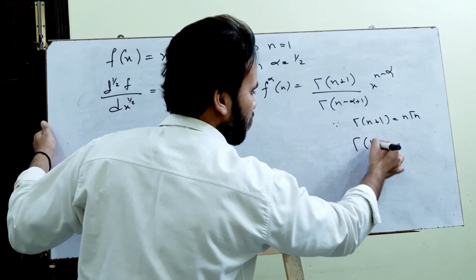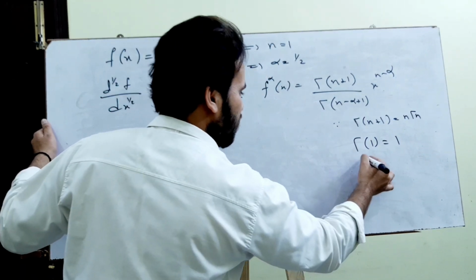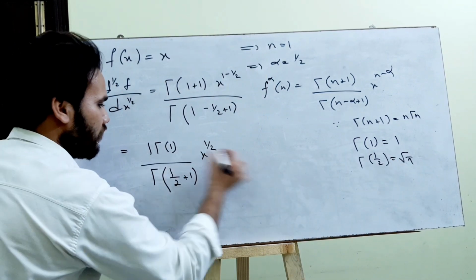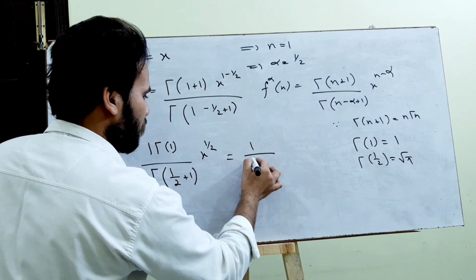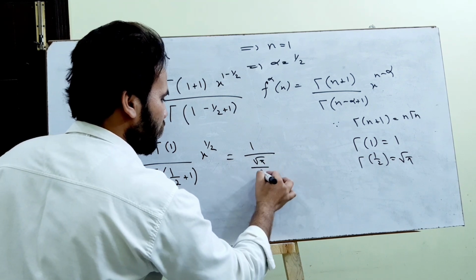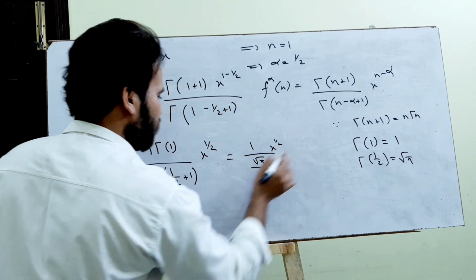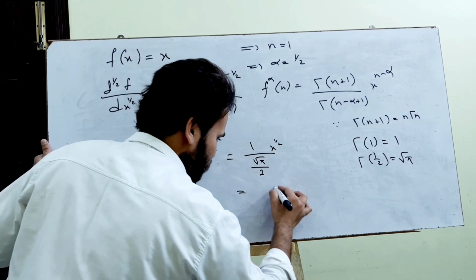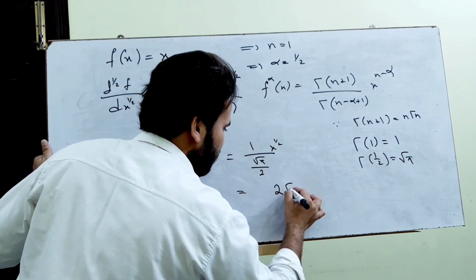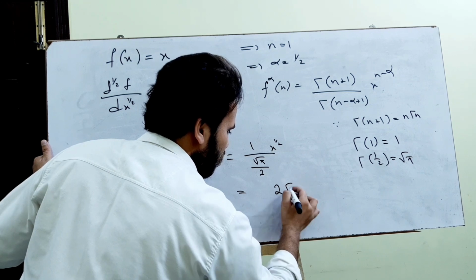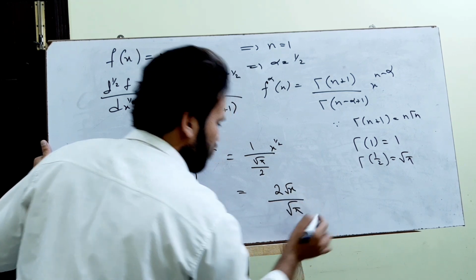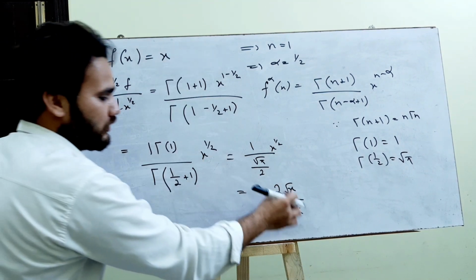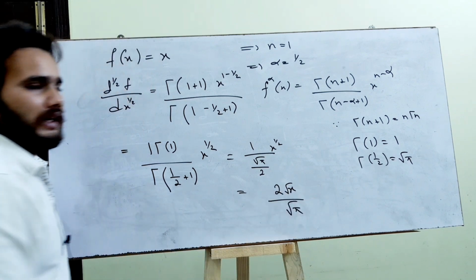So we know that gamma of 1 is 1 and gamma of 1/2 is radical pi. So this result will be 1 over radical pi over 2, times x^(1/2). So we can say that the half derivative of x is 2 radical x over radical pi. This is very interesting, guys. The half derivative of x is 2 over radical pi times radical x.